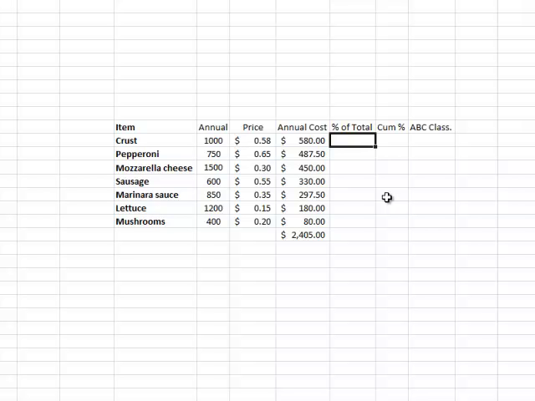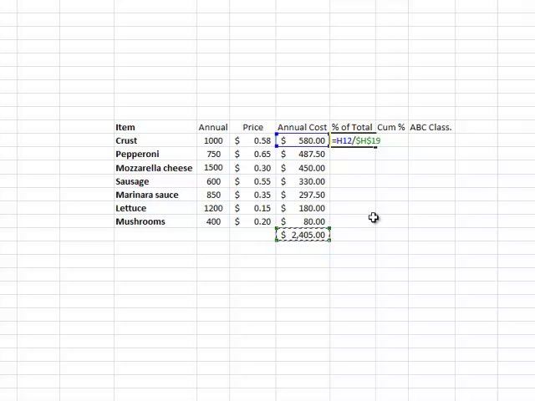The formula I'm going to put in here needs to use something we refer to as absolute cell referencing. In order to make sure that I'm always dividing each item by the total, if I hit the F4 function key after I click on the total, that inserts a dollar sign in front of the row and the column.